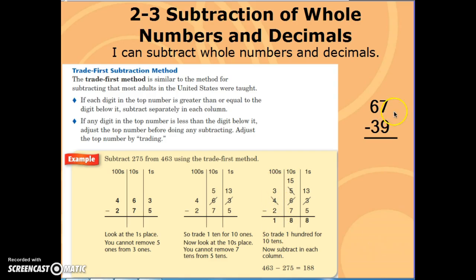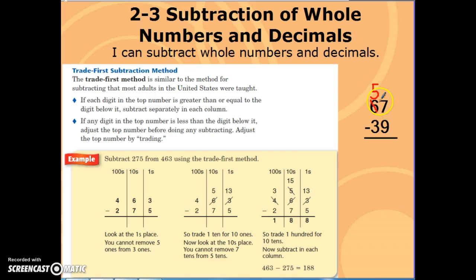So let's take a look at another example right here. 67 minus 39. I know that if I have 7, I can't take 9 away, so I'm going to have to borrow from my neighbor. The 6 becomes a 5, and that 10 that I took away here, instead of being 67, it's now 57. So what I really did is I took away a 10.